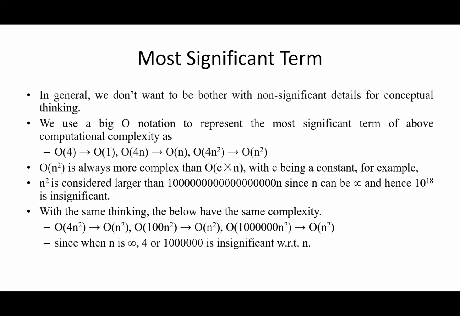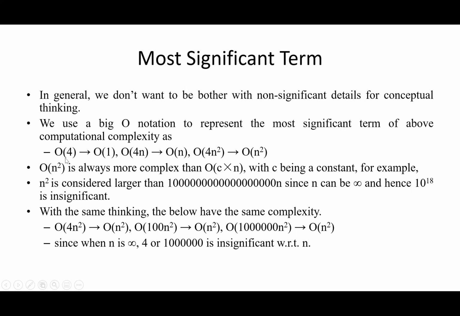We don't really look at whether it will increase by 97 operations. We don't want to talk about it in such detail. We want to know in general, when I increase my data size, how the rate or the time taken to run it will increase. So that's why we use big O notation to represent the most significant terms.